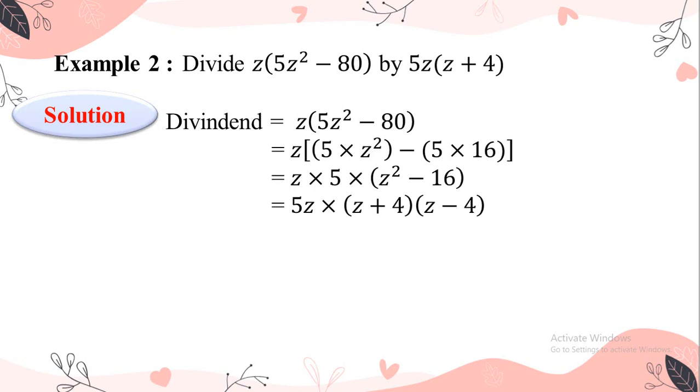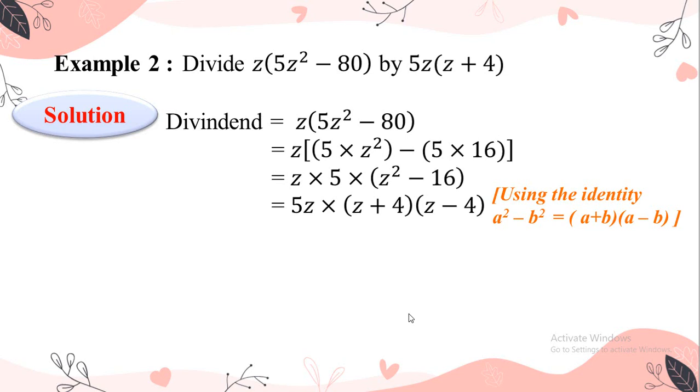The dividend is z times 5 times z squared minus 80, equals z times 5 times z squared minus 5 times 16, equals z times 5 times z squared minus 16, equals 5 times z plus 4 times z minus 4, using the identity a squared minus b squared equals a plus b times a minus b.